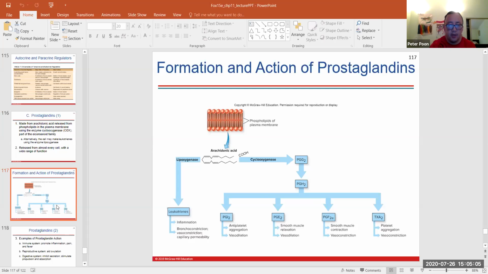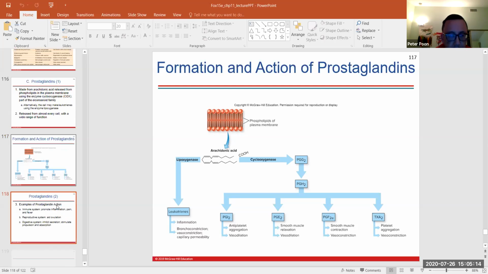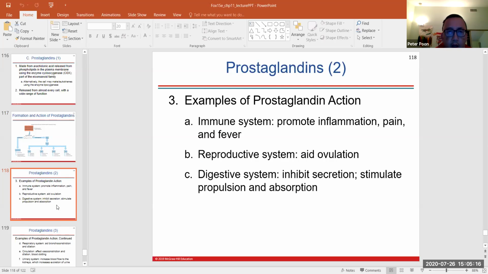Prostaglandins. Examples of prostaglandin action in the immune system: they promote inflammation, pain, fever, etc. So if you inhibit prostaglandins, you inhibit inflammation, pain, and fever.